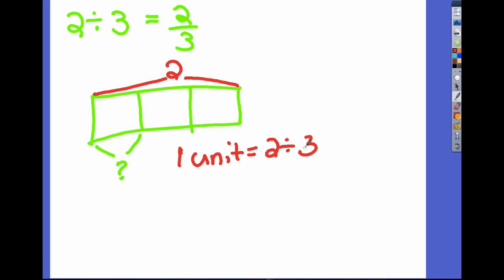You see how it works? If you want to find out how much this is worth, you have to take this and divide it by 3 so you know how much is in each one, right? We've done that a lot with our word problems that we've completed this year. So you're going to take the whole divided by how many parts. So what would our answer be then? 2/3. Get the same answer.